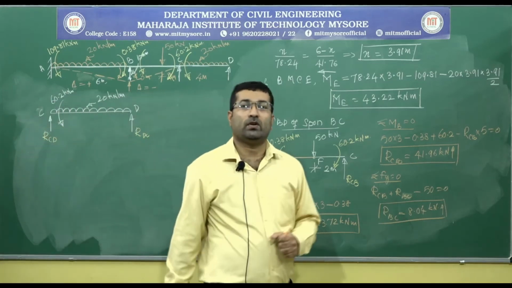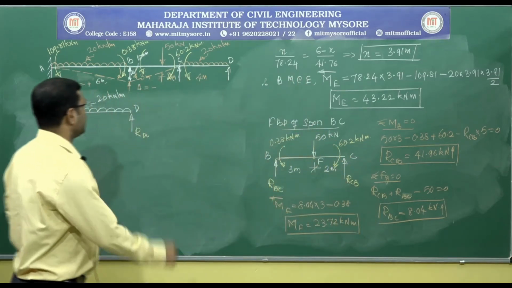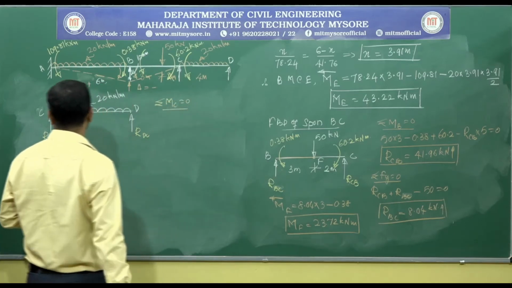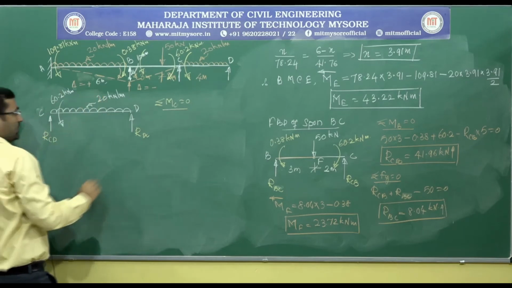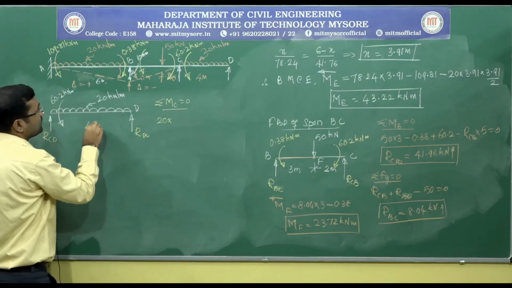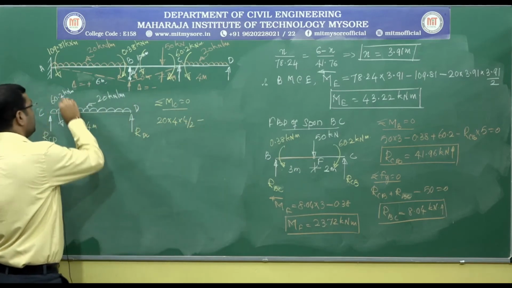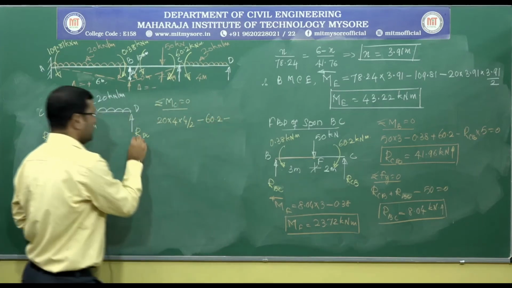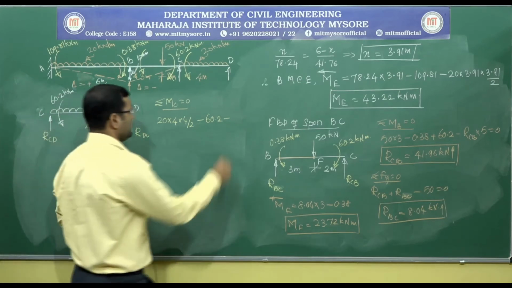Again, to do this also, I am going to impose the equilibrium conditions. So here let me impose the moment condition at C equating to 0. The 20 kilonewton creates a clockwise moment, so it is 20 into 4, acting at a distance of 4 by 2, minus this anticlockwise moment 60.2, minus this reacting component RDC, which is also creating an anticlockwise moment.